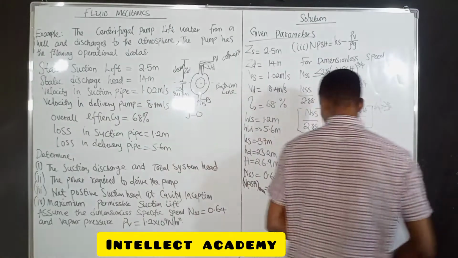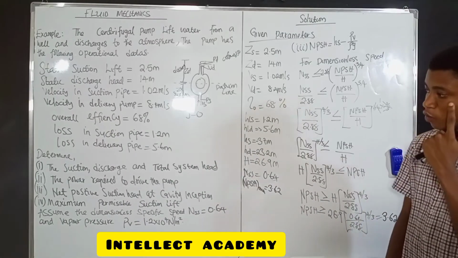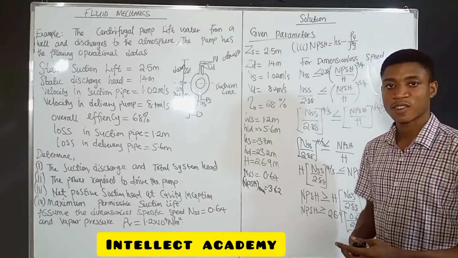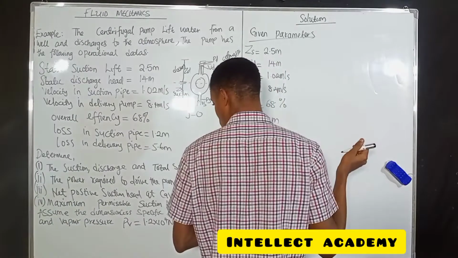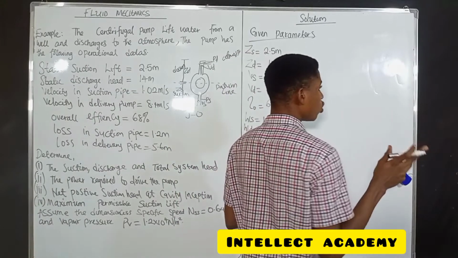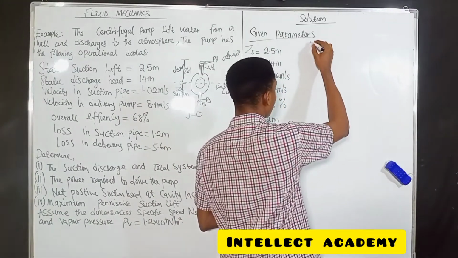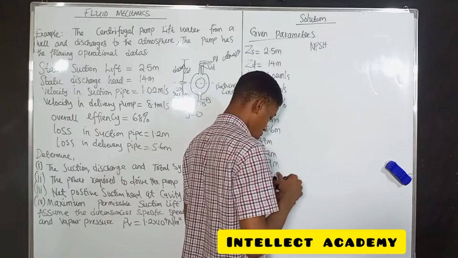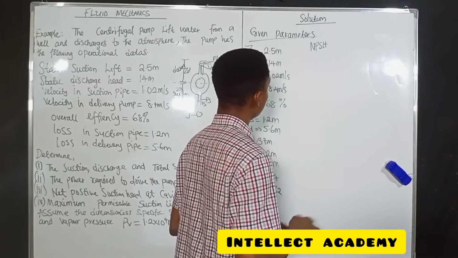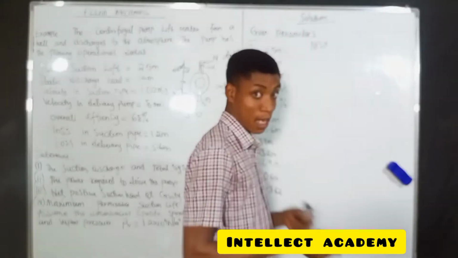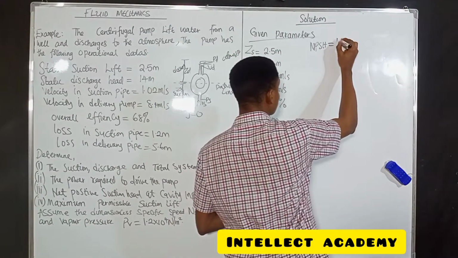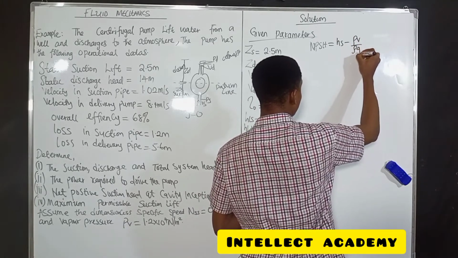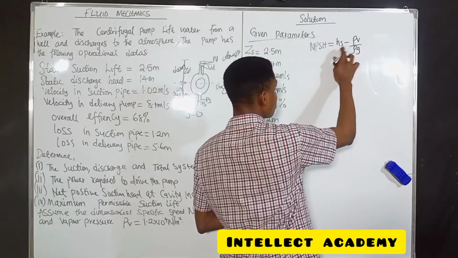Now we are going to calculate for the next part, which is the maximum permissible suction lift. So now take note, we can calculate the maximum permissible suction lift from our NPSH value. Our NPSH value, as we said earlier, is equals to HS negative PV over rho G. It is very simple that we know this expression.